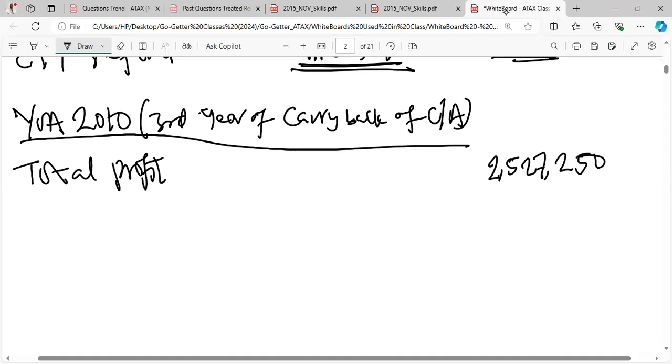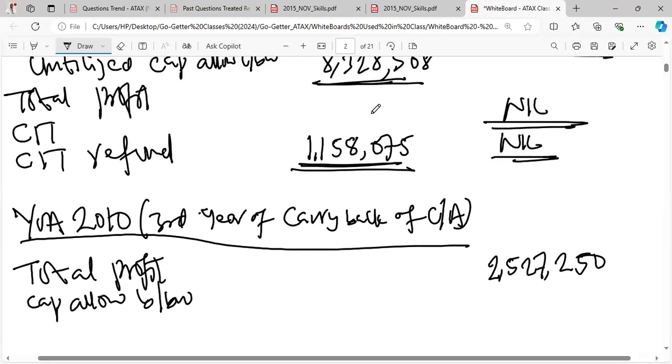That's the total profit. Then this is capital allowance brought backward. So that's carried backward. It's now being brought backward. 8,328,508.